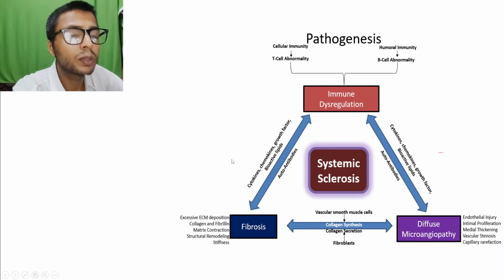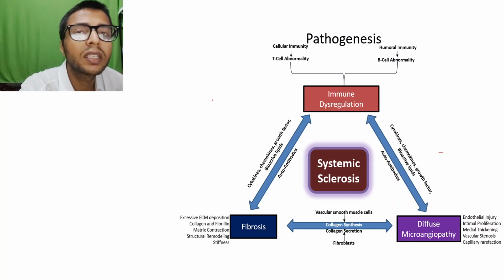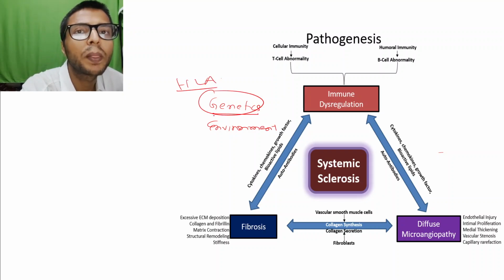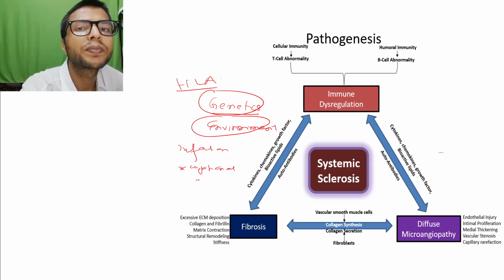So if you see the pathogenesis, both genetics and environmental factors play a role in the pathogenesis of this disease. Genetic means certain HLA genes are susceptible, and environmental means infections and occupational exposure to silica. Infections include either virus infection or fungal infections.